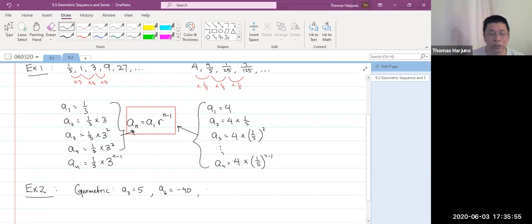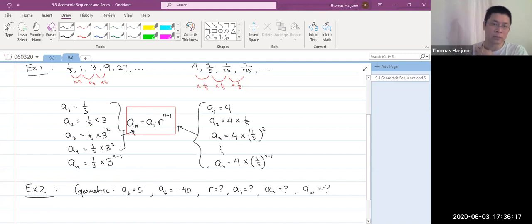The question is, let me do it a long way first. Find the common ratio first, and then find the first term, and therefore we can find the general term, and specifically the 10th term, let's say.